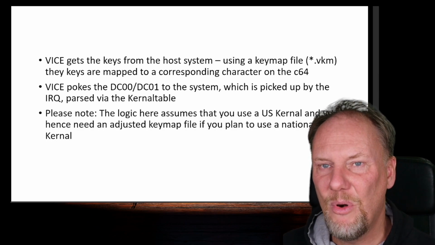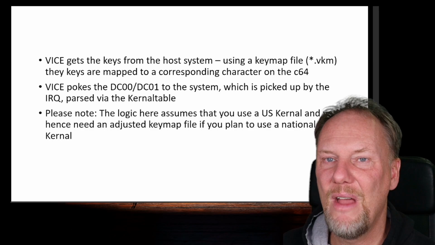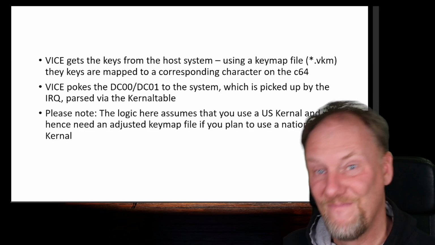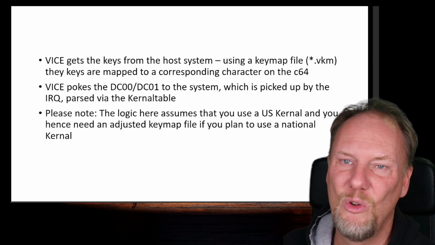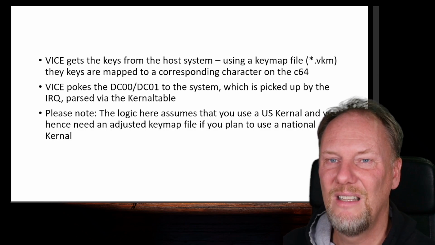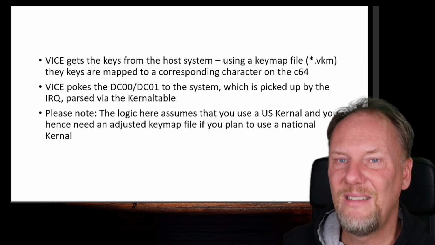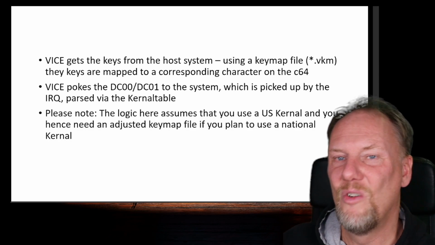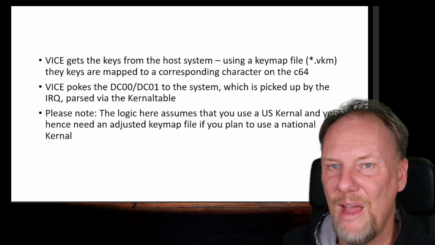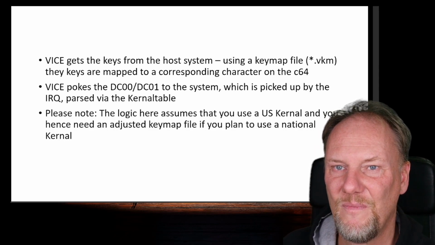So the easy part is just read DC01. If that one is FF, likely no key was pressed. That is the simple use case. Normally you would have press any key, and that would be implemented as LDA #$00, STA DC00, and then LDA DC01, CMP with #$FF. If that is true, then no key was pressed.